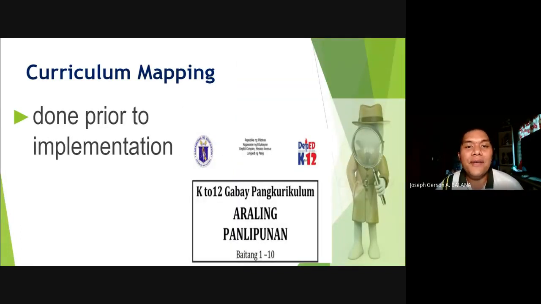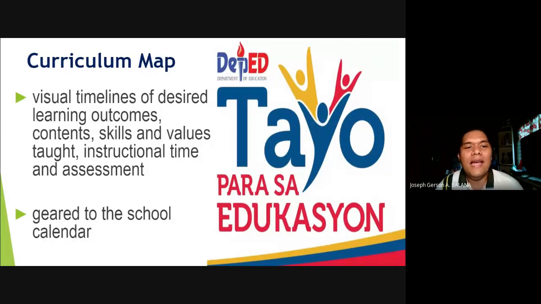So prior to implementation, the map is outlined or being made. Now, a curriculum map, one of the characteristics is that it serves as a visual timeline of the desired learning outcomes, contents, skills, and values taught, even instructional time and assessment.